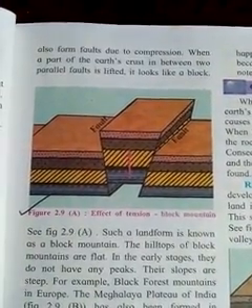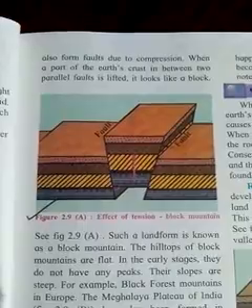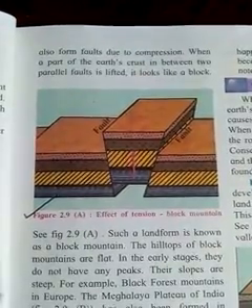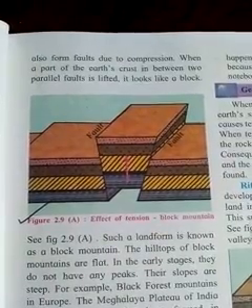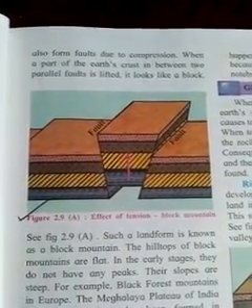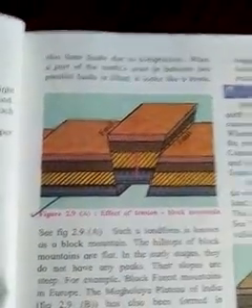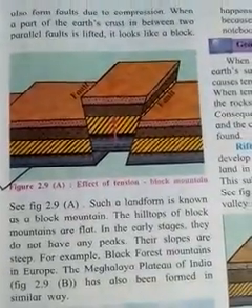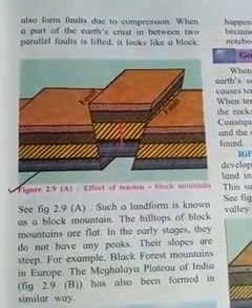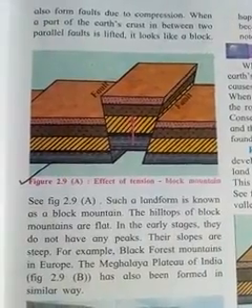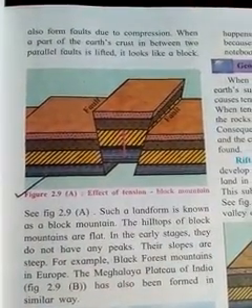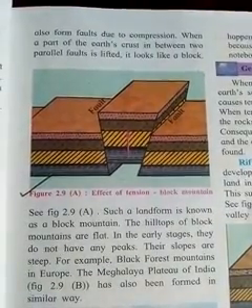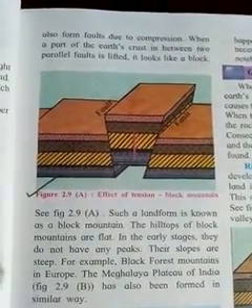When the part of the earth crust between two parallel faults is lifted, it looks like a block, and this is known as a block mountain. In figure 2.9, such a landform is known as a block mountain.